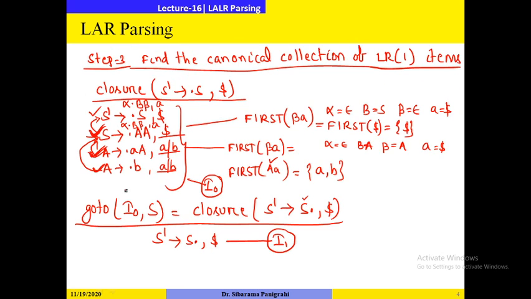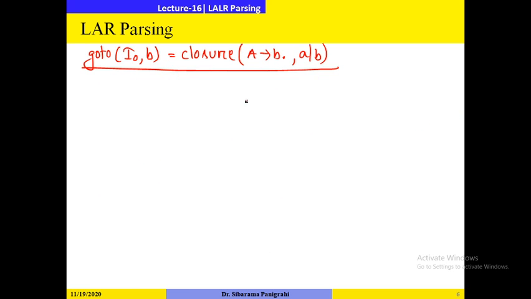You see, from here A gives to dot B was there, so I have jumped the B, so I have got A gives to B dot and the lookahead symbol a or b. So what you will get, A gives to B dot, comma, a or b. So you see here you will not get any other productions, so we will name it as I4.